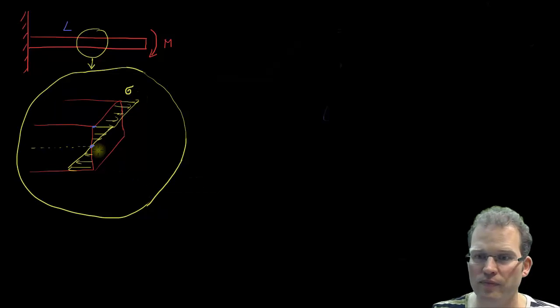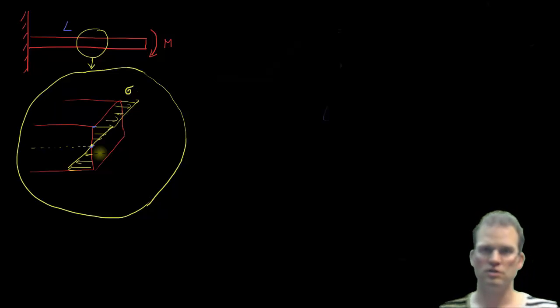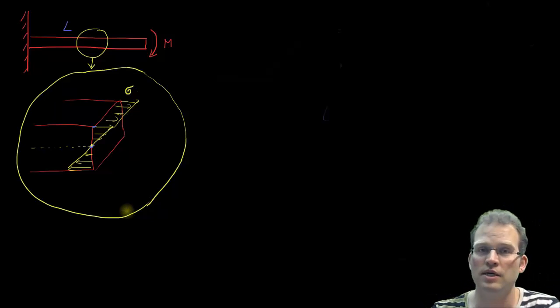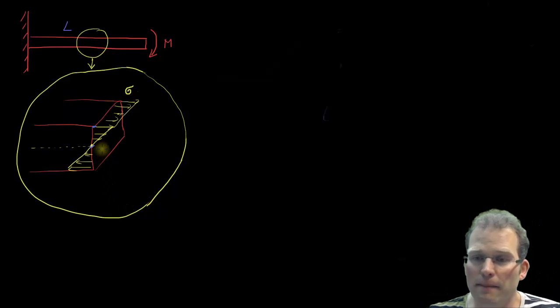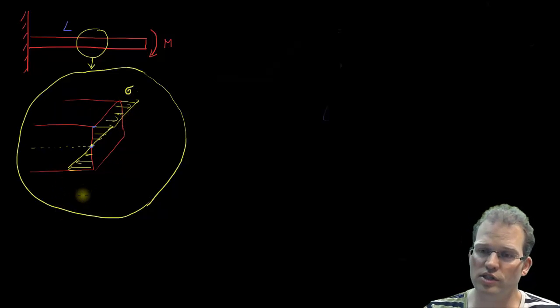In the middle, the stress is 0. That means all the mass of the spring located in the middle of this bar is dead weight to your spring. And then the stresses get higher and higher up until the surfaces where the stresses are maximum.